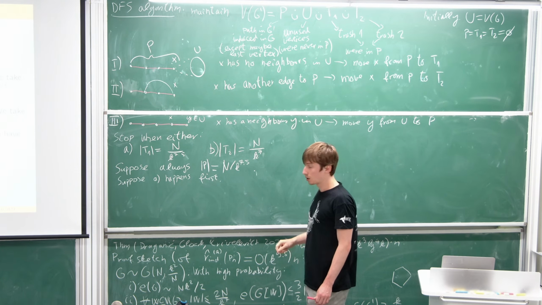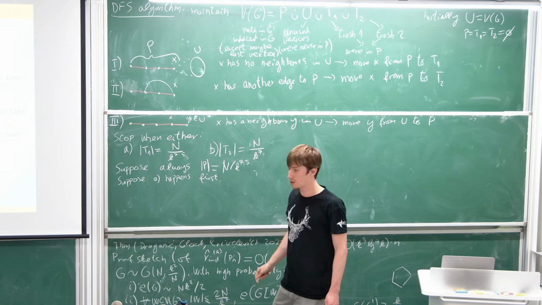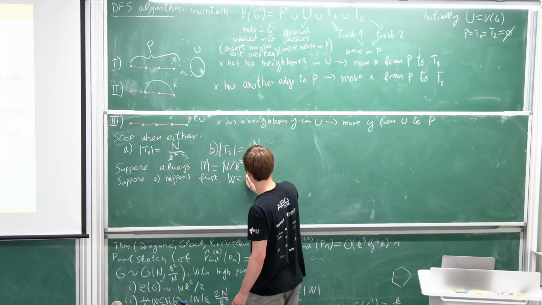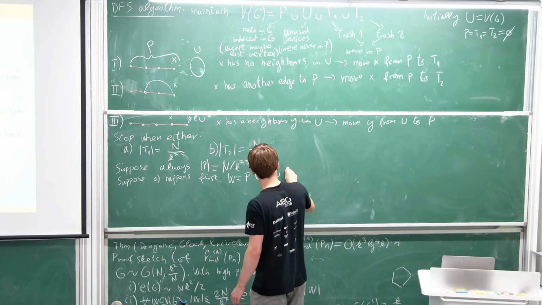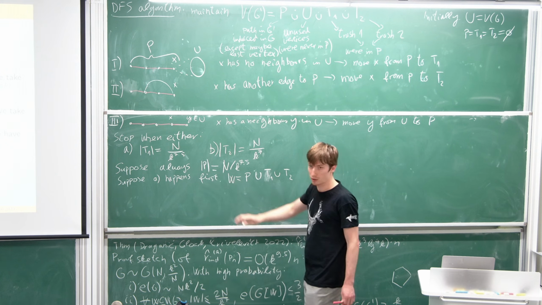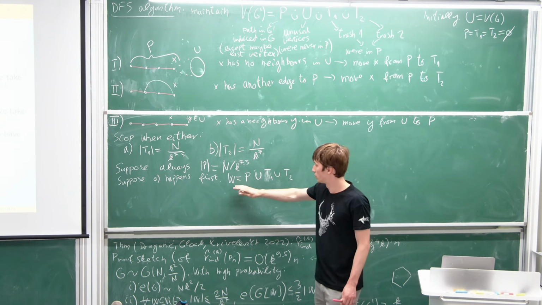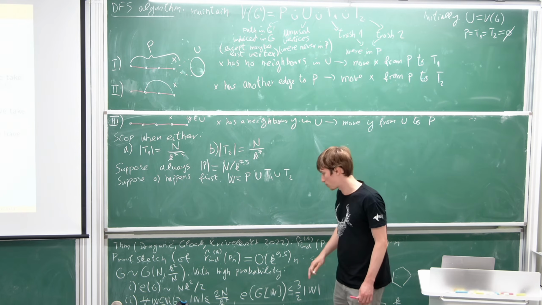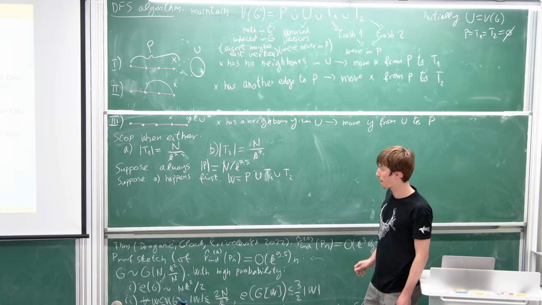Okay, so suppose that A happened first, the first trash grew large. And let's consider the set W, which is P union T1 union T2 at this point. Okay, so I want to show that W is a small set which has too many edges and thus would contradict property 2.